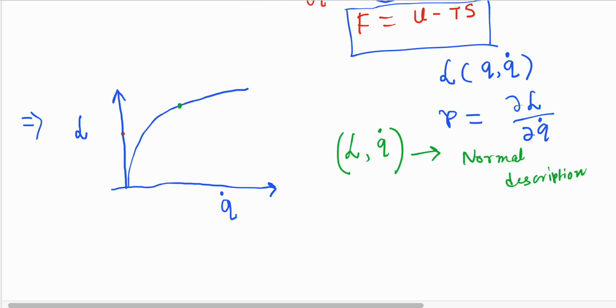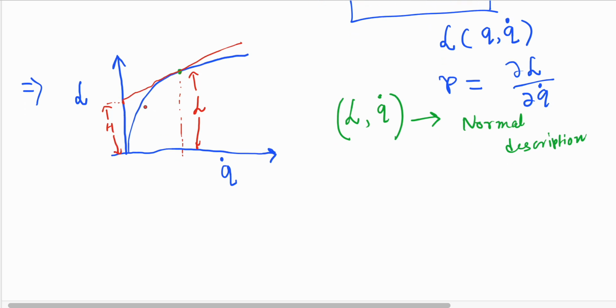Suppose it is a line at this point, suppose this is L, and this is H. Okay, and this is the intercept.